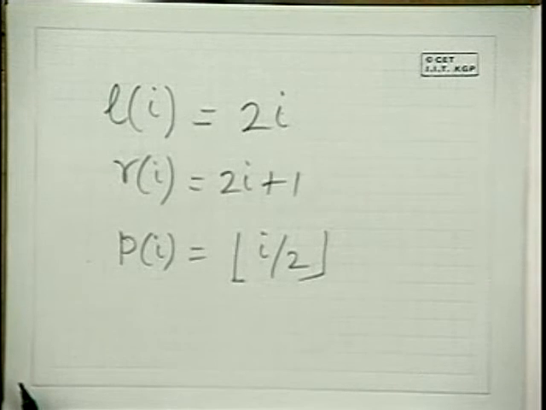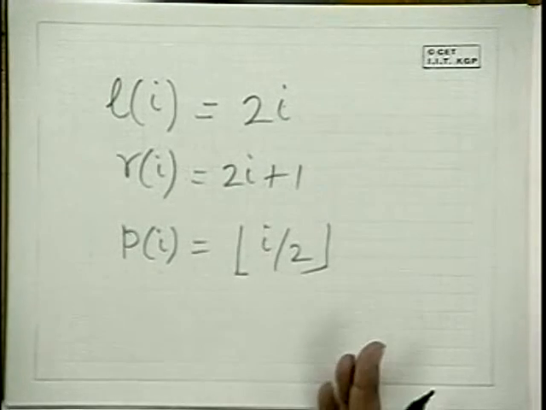Floor means the greatest integer which is less than or equal to i by 2. So this is the formula. If I can embed the entire binary tree in an array, and I want to know the right child of a node i, immediately I can get the index of the right child. I just take 2i plus 1.